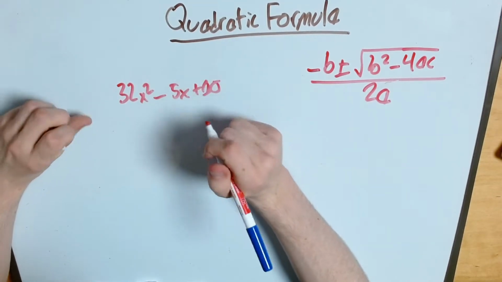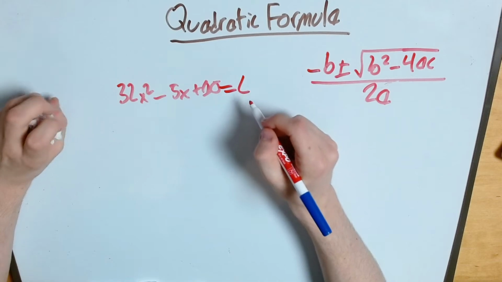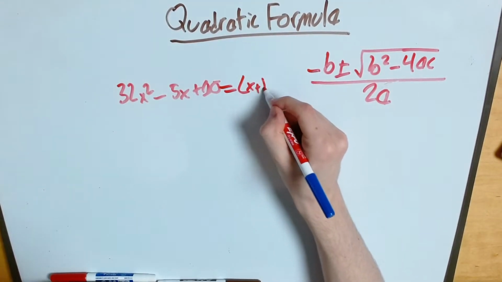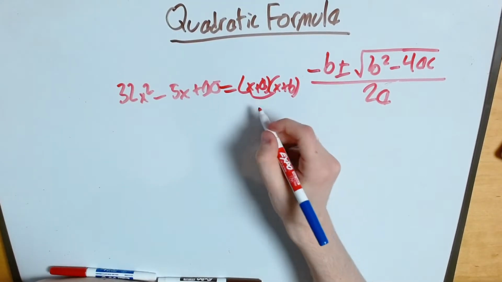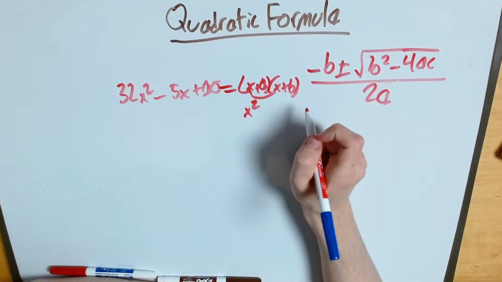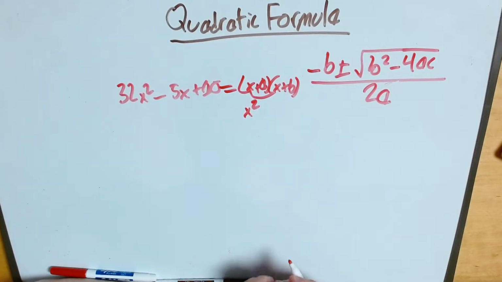And this poses a real headache for two reasons. When we're actually trying to factor them, right? We can't just say, oh, x plus a times x plus b, right? If we do that, we'll just get x times x, or x squared, as we're distributing. But we don't have x squared in our problem. We have 32x squared.